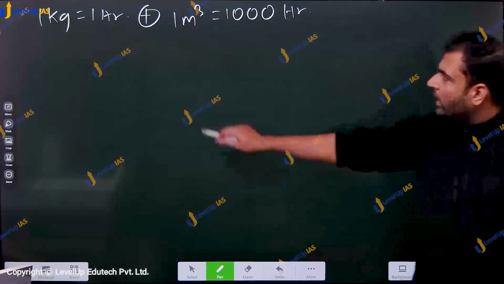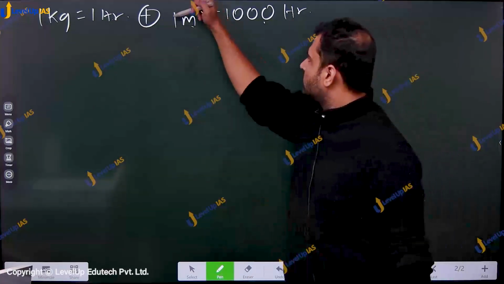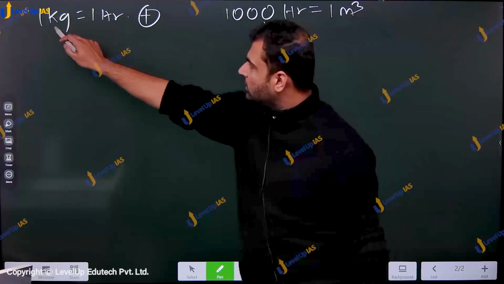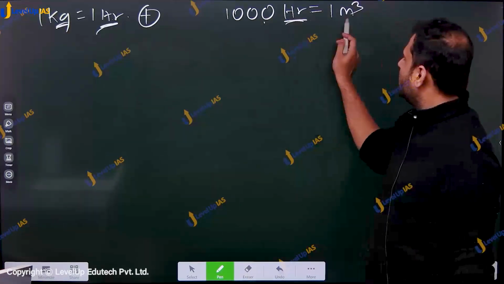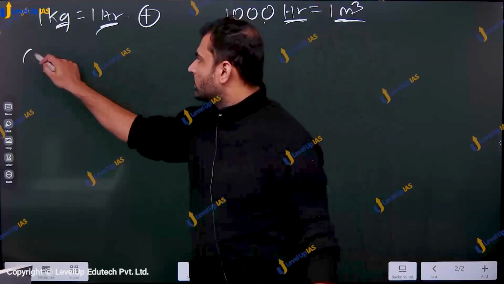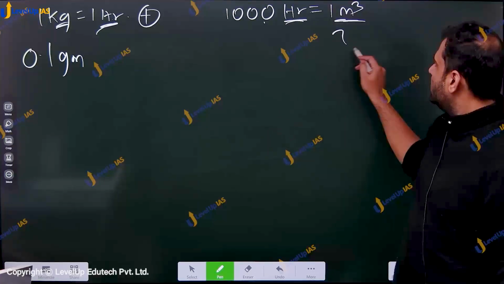So we have from kg to liter and from liter to meter cube. Now the question is 0.1 gram, and what is asked is in millimeter cube.